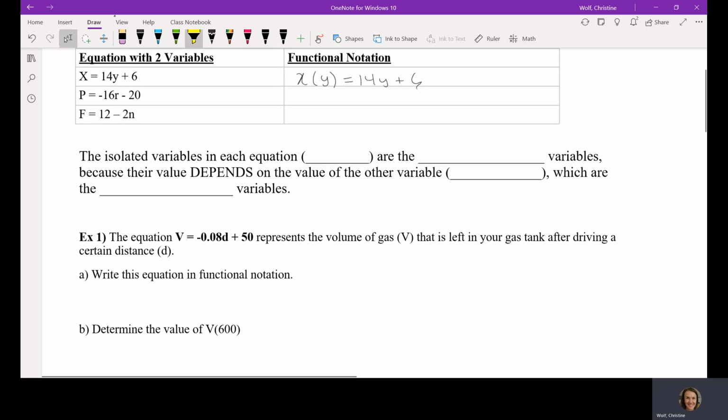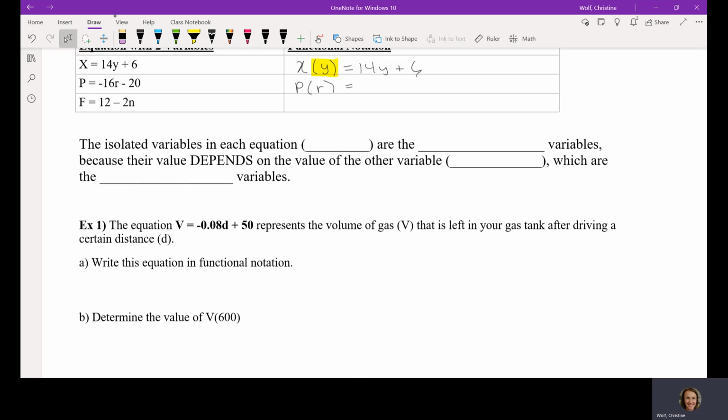This is the only thing that's added, and that simple little thing turns it from an equation to an equation in functional notation. For the next one, it would be p, and then the variable in the rest of the equation is r, so it goes in brackets. Then you recopy negative 16r minus 20, and you're done.